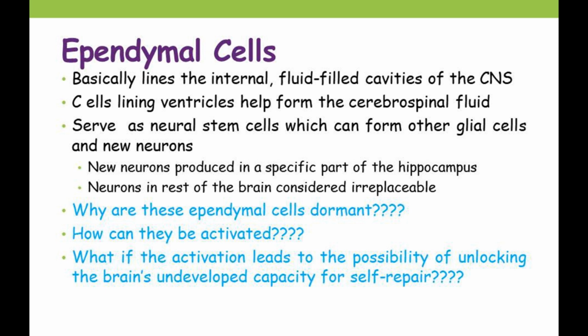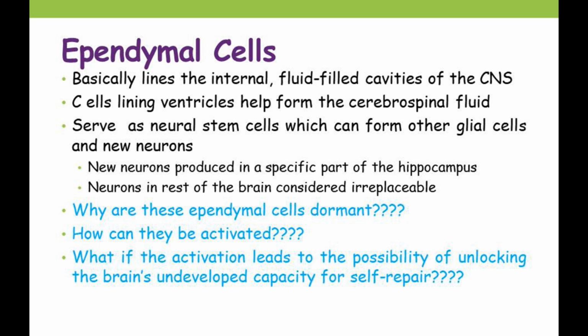So new neurons can be produced with the help of ependymal cells which act as neural stem cells, but it should be noticed that new neurons are only produced in a particular part of the hippocampus in the brain. Neurons in the rest of the brain are considered irreplaceable.